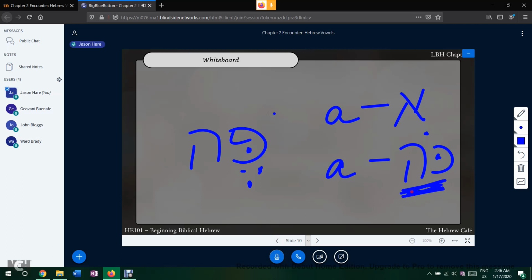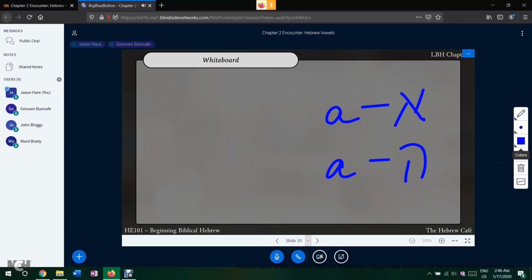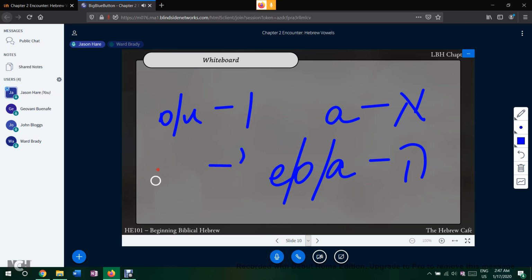Ko amar Adonai. Sometimes it represents different vowels. You just have to read with the vowel that it appears with. Vav is O or U. Yod is normally I or E. Okay?